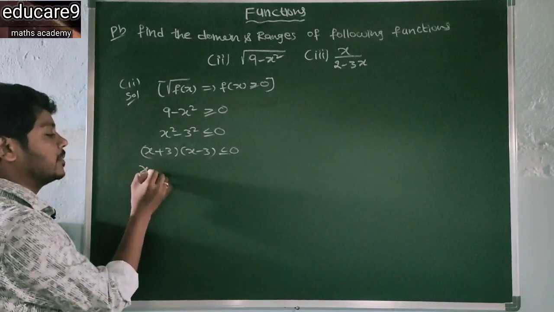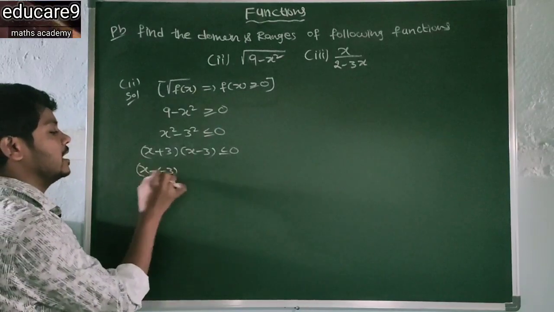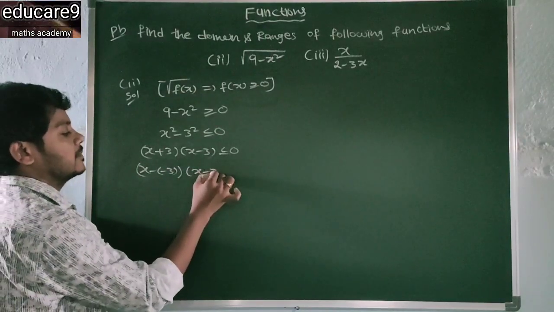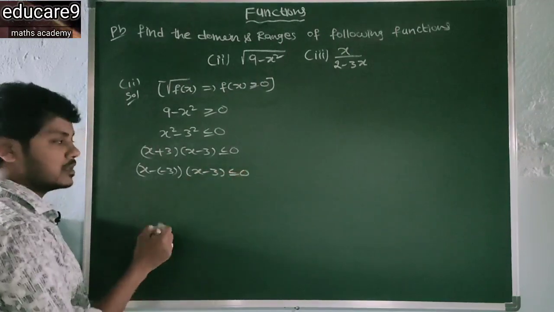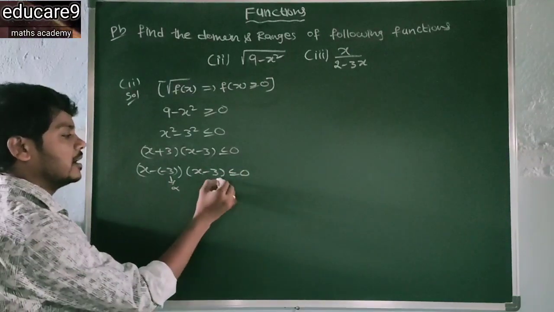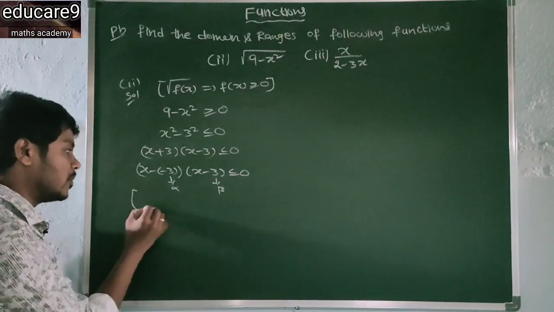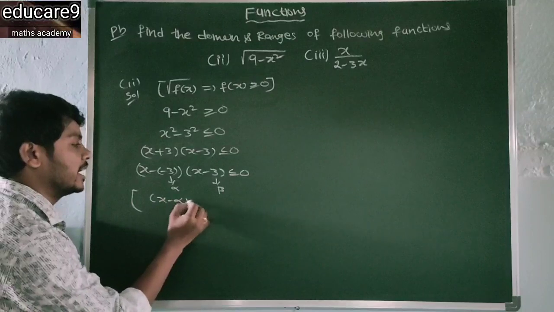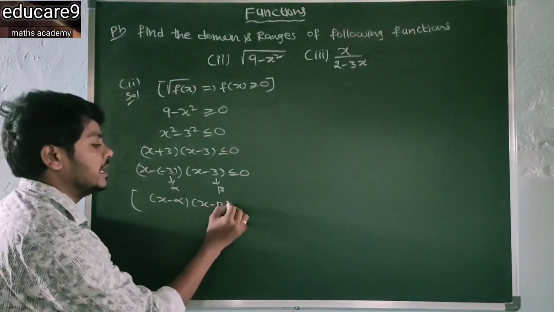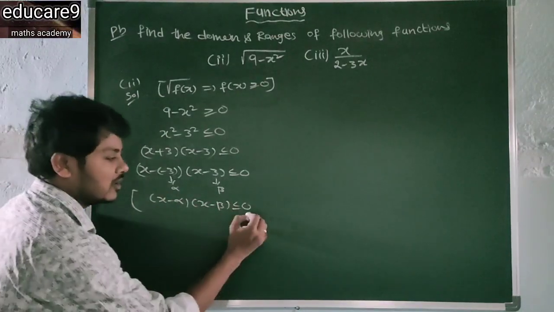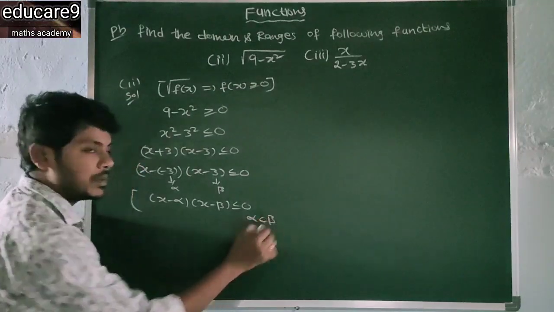Clearly this can be written as (x minus of minus 3) and (x minus 3) is less than or equal to 0. So this is alpha and this is beta. So it is in the form of (x minus alpha) into (x minus beta) is less than or equal to 0 with alpha less than beta.